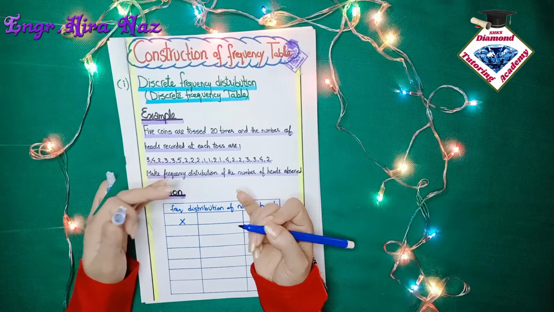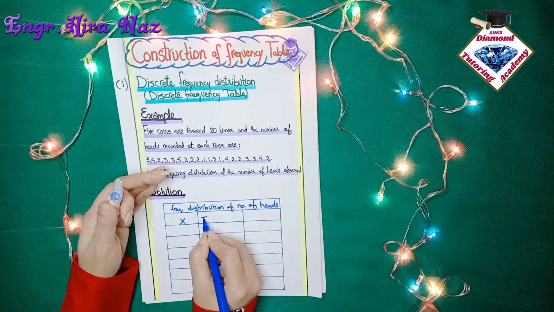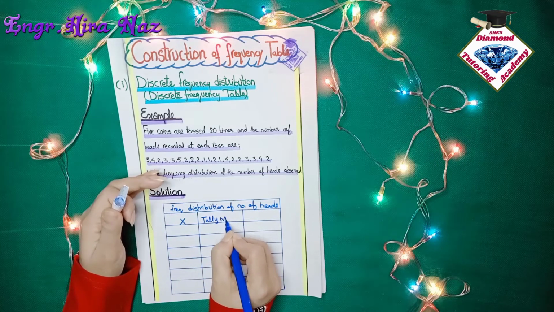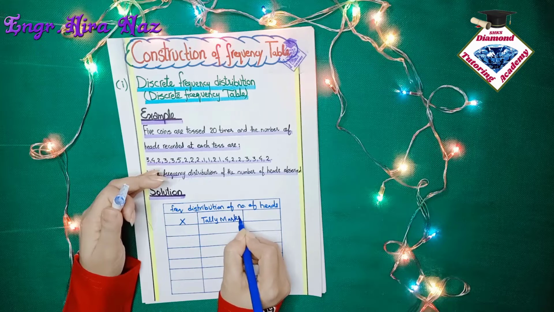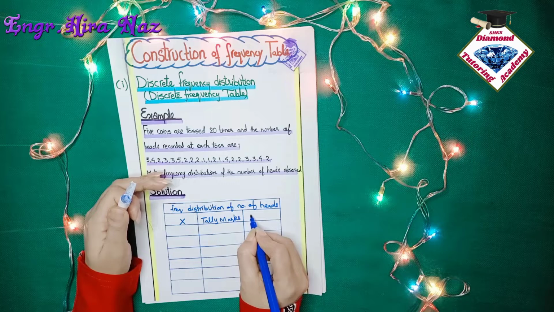Understand? Next we name the column as tally marks. And the last one as frequency.